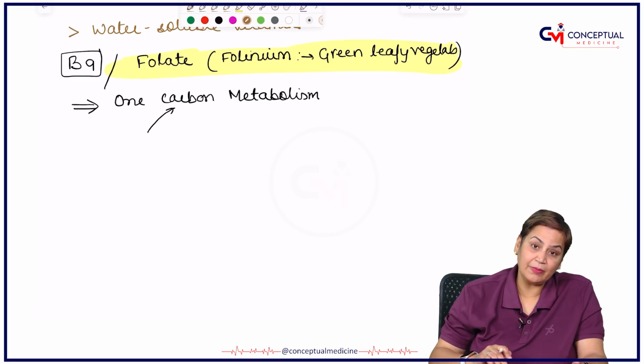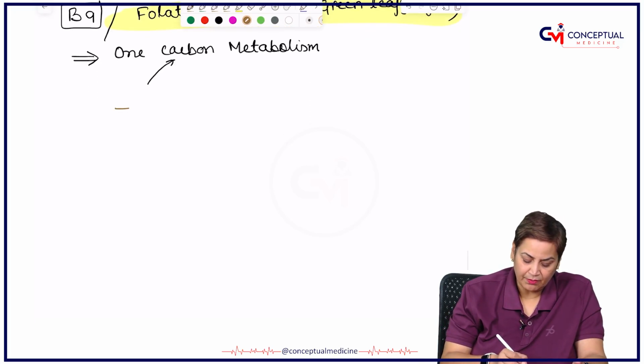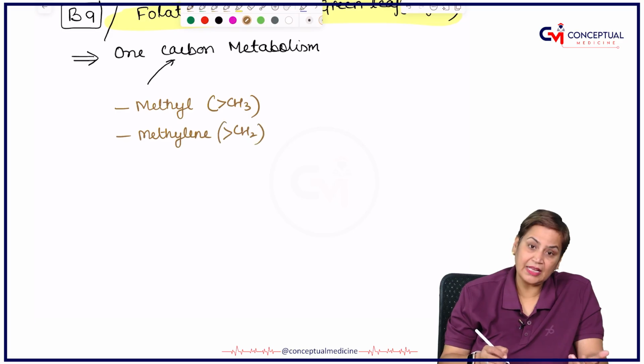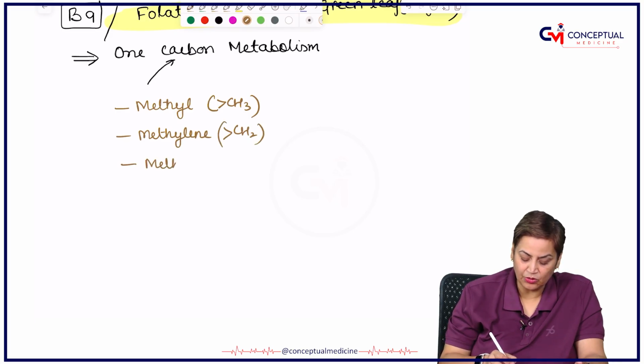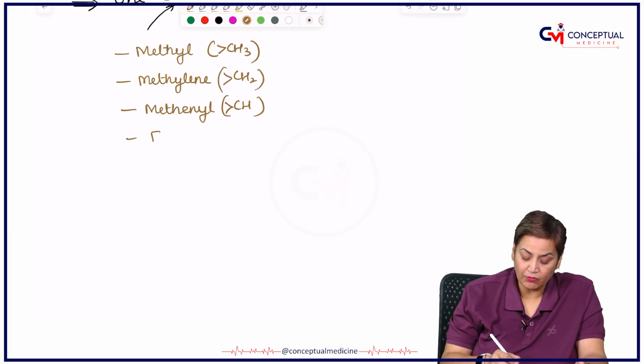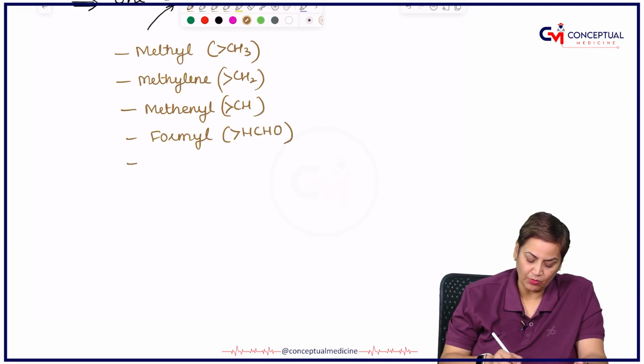This one carbon can be present in the form of a methyl group, CH3. It can be present in the form of a methylene group, CH2, a methynyl group, CH, or a formyl group, which is HCHO, or in the form of a formimino group.